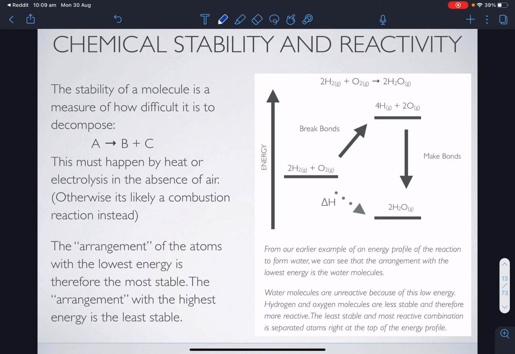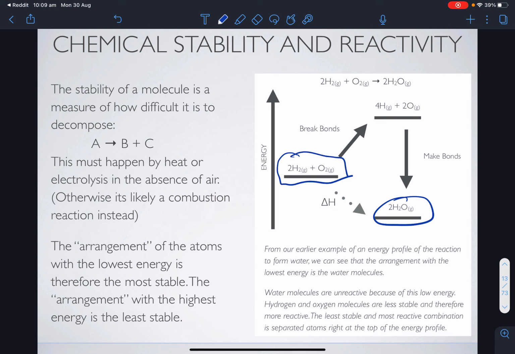So the arrangement of atoms with the lowest energy is therefore the most stable, okay? The arrangement with the highest energy is the least stable. So from our earlier example with water, with hydrogen and oxygen transforming to water, you can see that water was a lower energy than the hydrogen and oxygen separated.